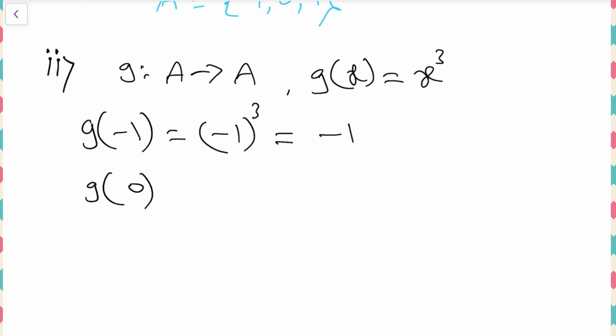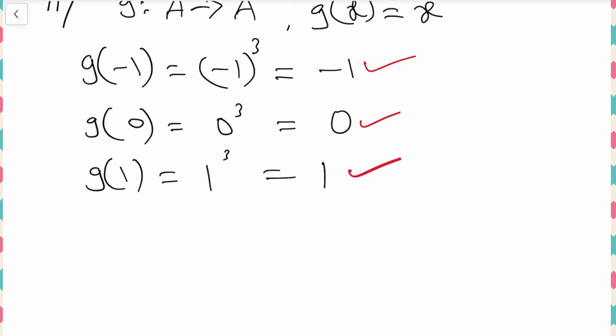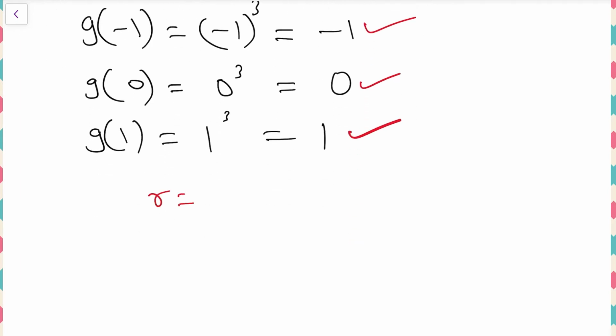Then g(0) = 0³, which is 0. Then g(1) = 1³, which is 1. Here the range is -1, 0 and +1.